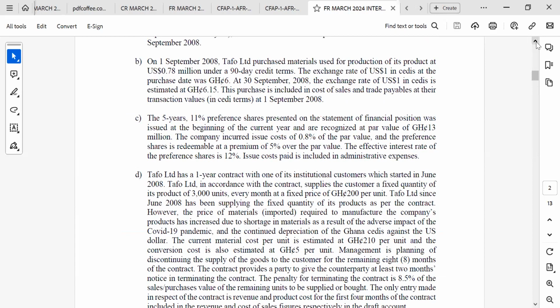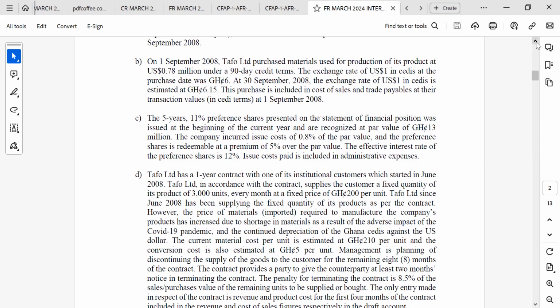You see the coupon that they are paying, what we are calling coupon is dividends, because if it is a debt, it will be called interest, but this is preference shares, so it will be called dividend. So the 11% on the 13,000, which is 1,430, is the dividend that they are talking about. That particular one has been taken into consideration already. It has been paid and it has been charged as a finance cost.